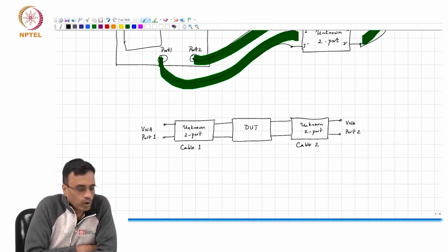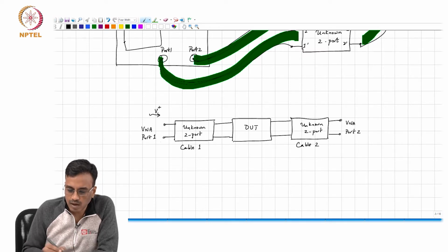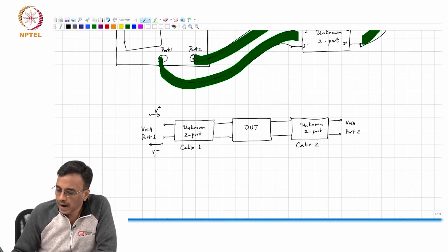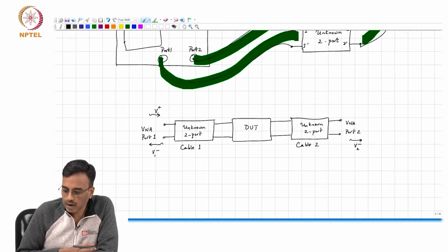So for example, if you only activate the source at port 1, you push something here and you measure this and this. What measurements will you be able to make by measuring V1 minus and V2 minus?